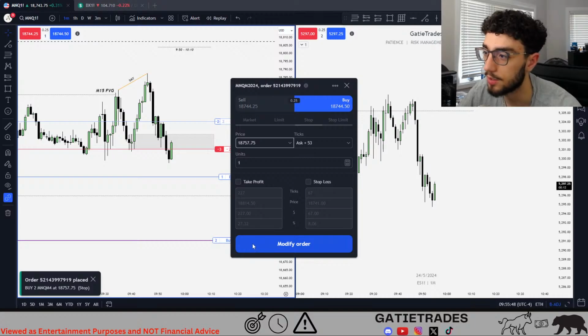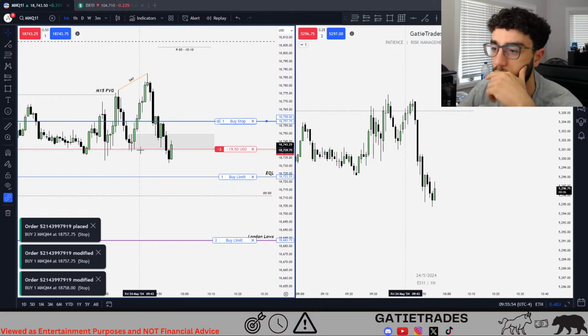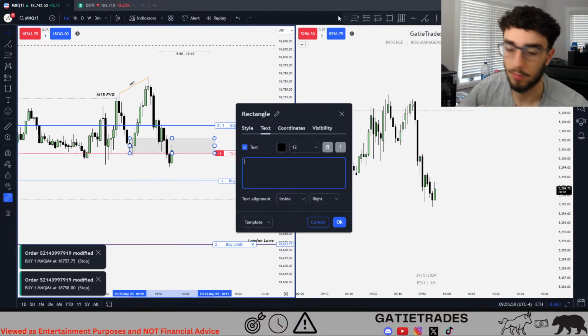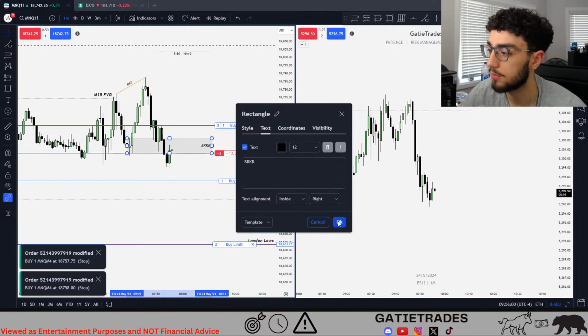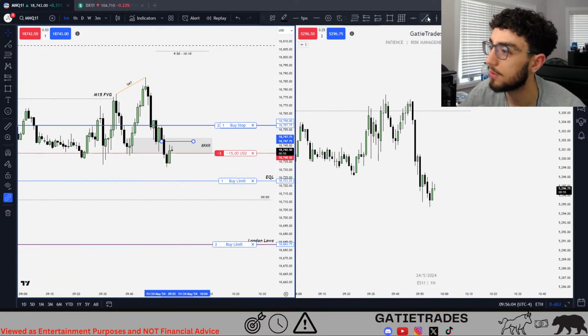It really shouldn't trade up there. I know there's an imbalance here, but that's the breaker FVG. Hopefully this can pull price lower. Let's see. We got news.